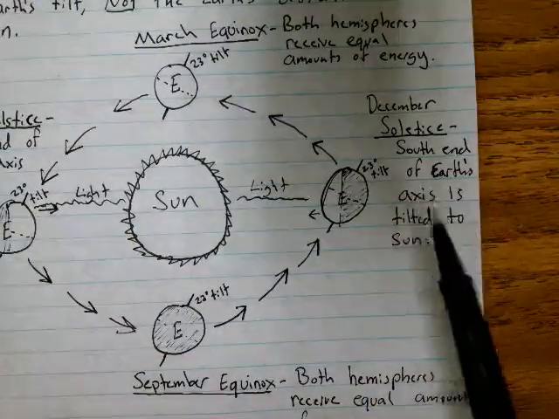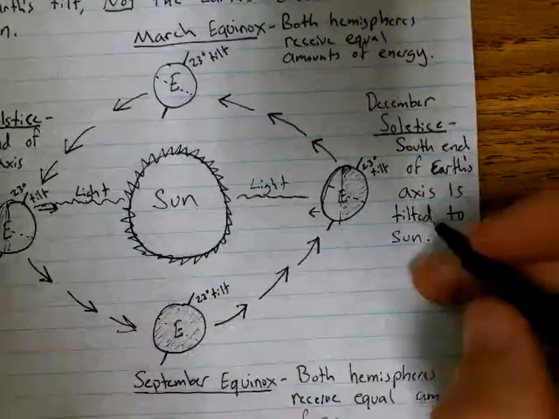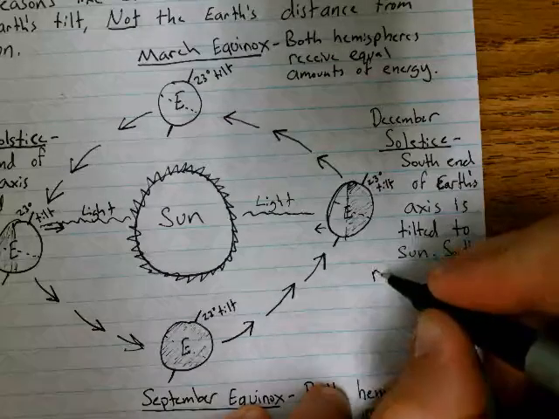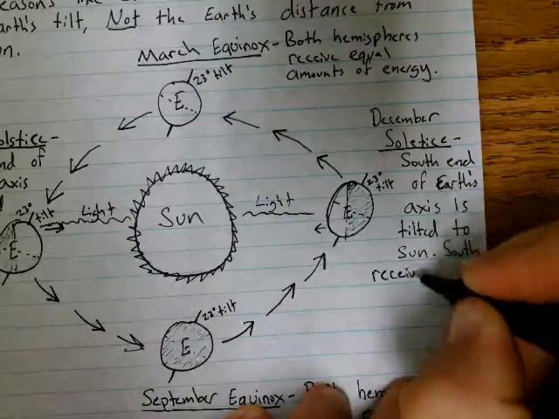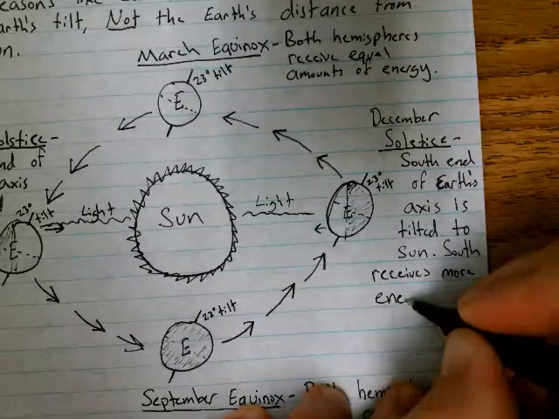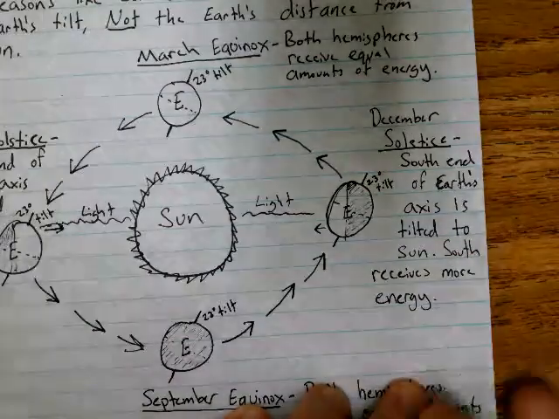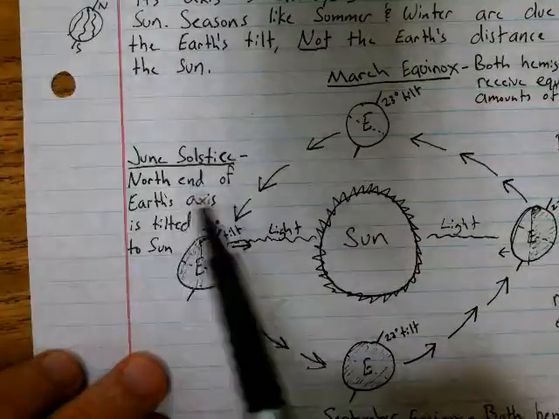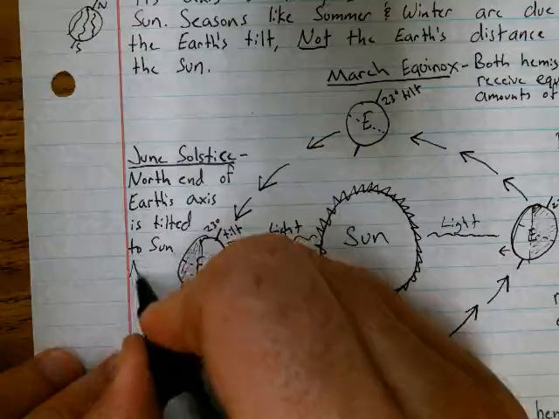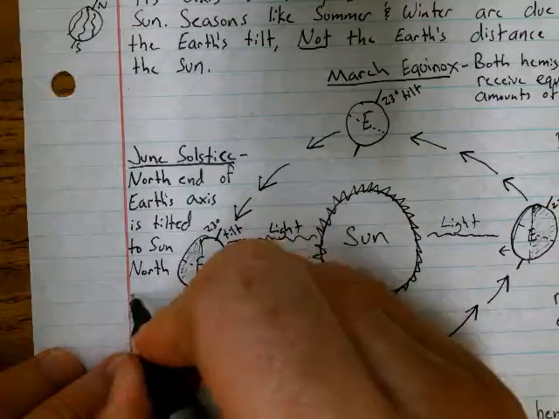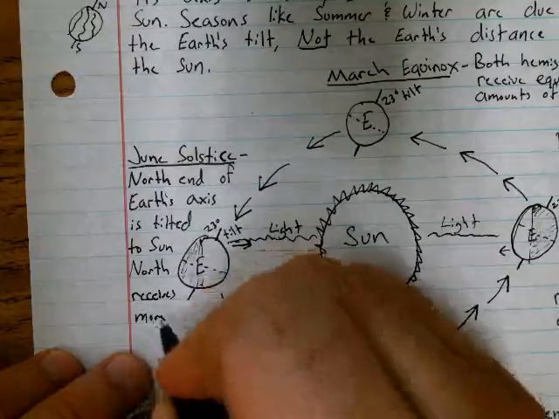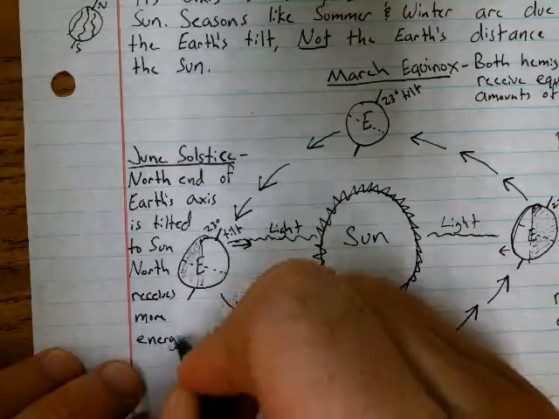South end of Earth's axis is tilted to sun. South receives more energy. North end of Earth's axis is tilted to sun. North receives more energy.